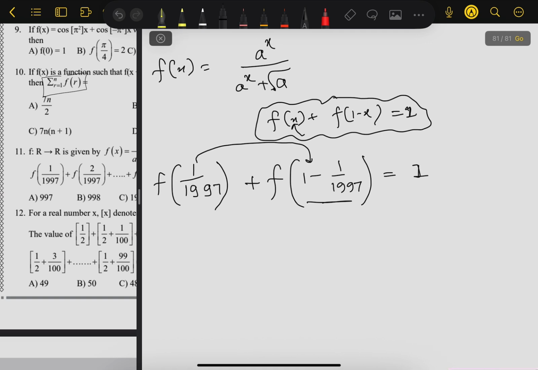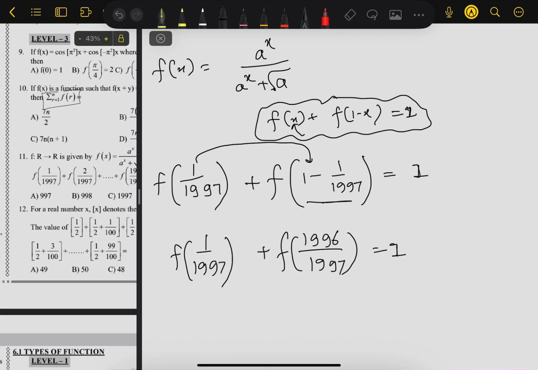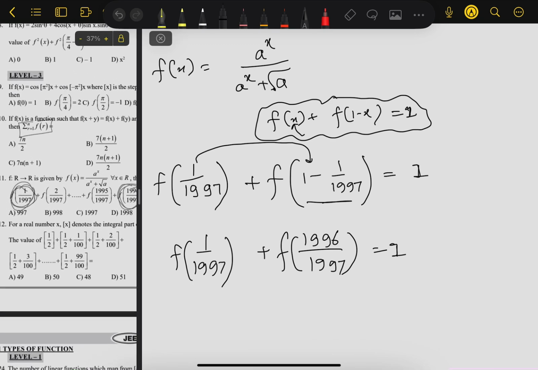So you can simplify this number. 1997 minus 1, that is 1996 divided by 1997, f of this one, plus f of 1 upon 1997, will be equal to 1. As you can see, the same function is given here. This is f of 1 upon 1997, and this is f of 1996 divided by 1997.